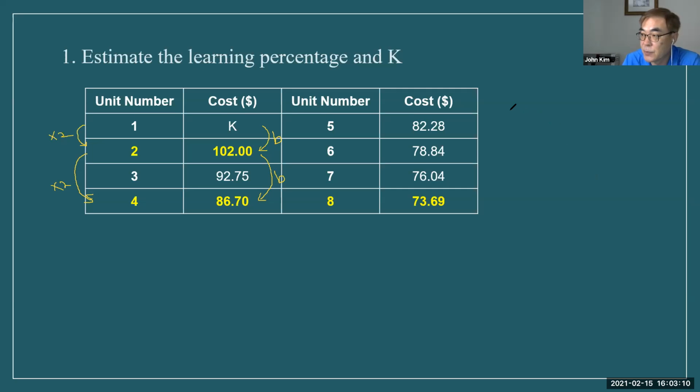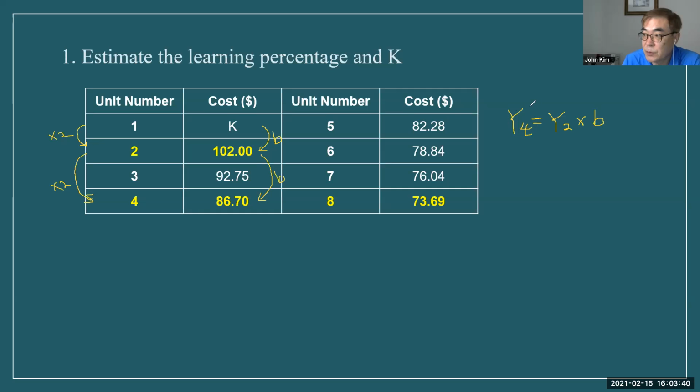Y4, the unit cost for unit number 4, equals Y2 times B, since the unit number doubled.